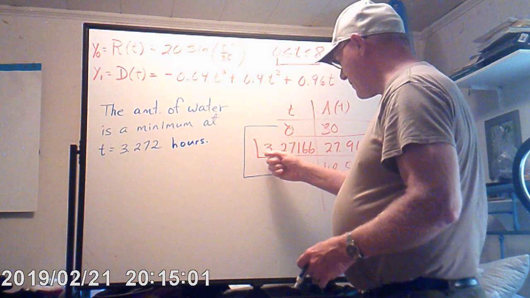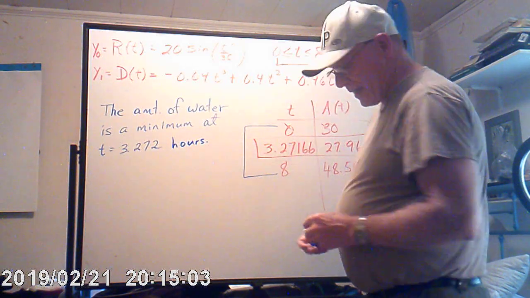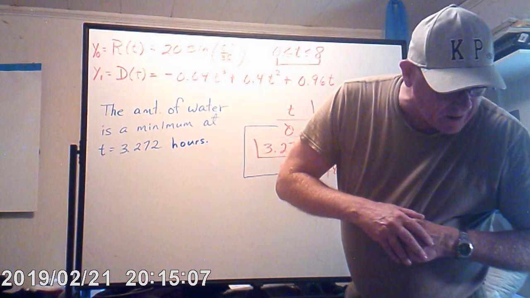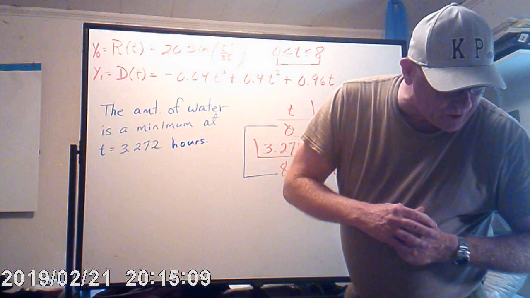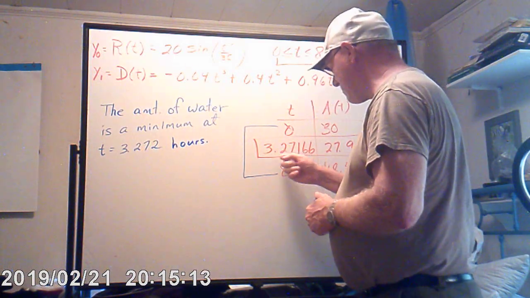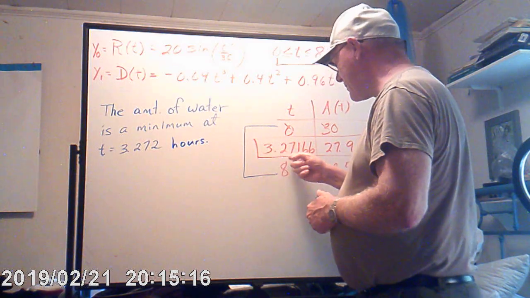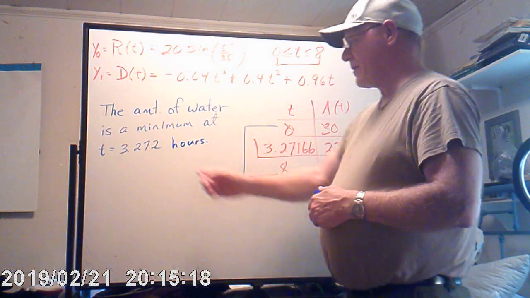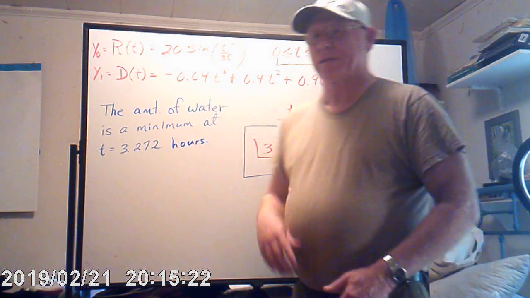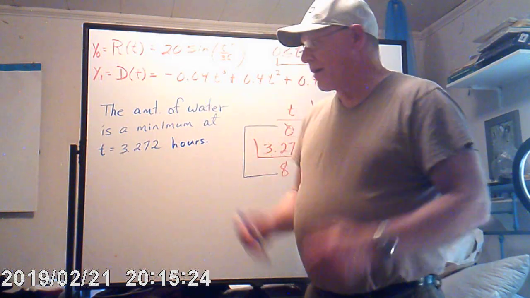When T is equal to 3.272, I don't know why my calculator is showing that. Others are saying 1658, but that still rounds to 2 right there. You could do 3.272, or 3.271 if you truncate. But that's that one there.